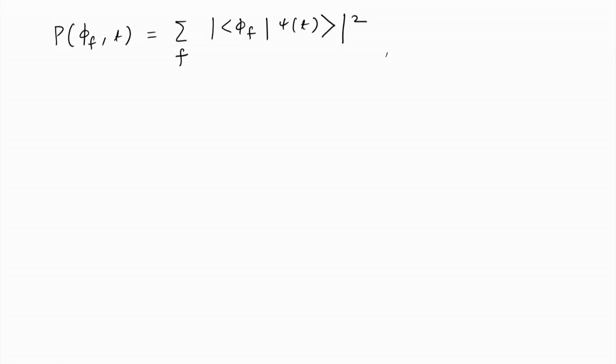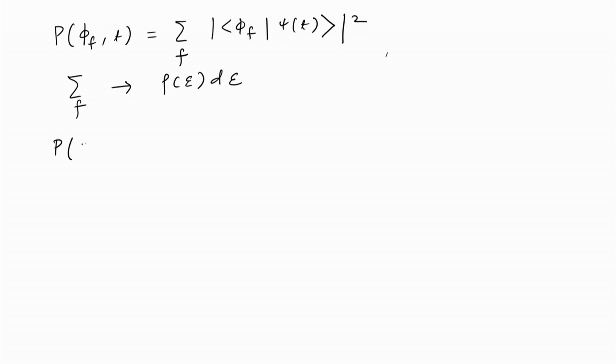the modulus square of phi f psi t. Now, this sum over f, that is the energy states that lie in that range E f to E f plus d E f, is nothing but the density of states corresponding to that final state energy.